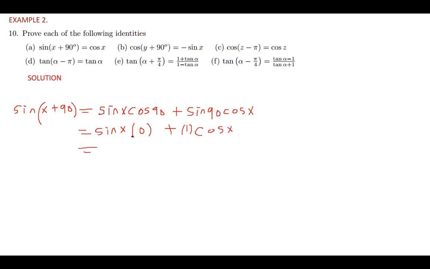So when you simplify this, you're going to have sine x times 0, you get your 0, and then plus cos x times 1, you get your cos x. So this is going to give us cos x as our final answer. 0 plus cos x, you get your cos x. Okay, we move on to the next one.